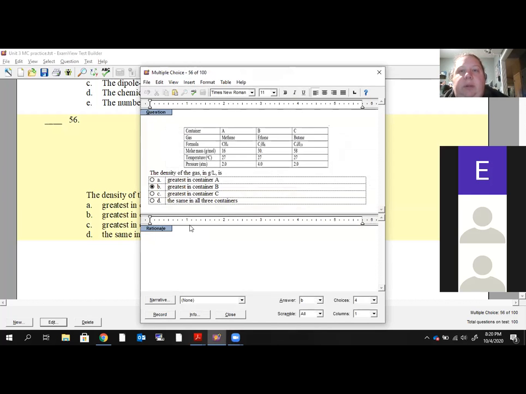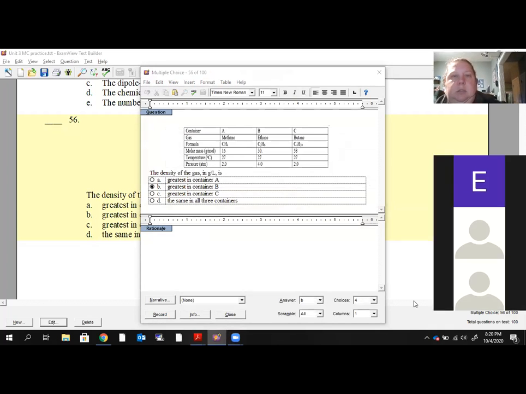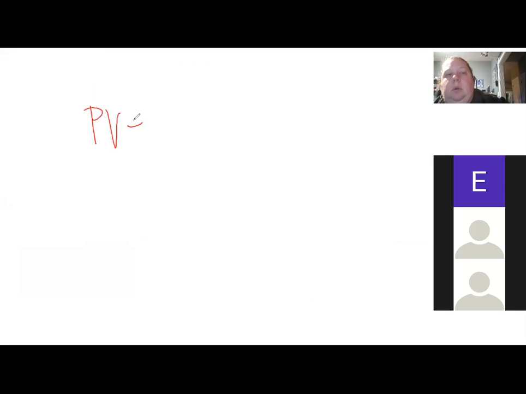So we have to do a quick little thinking about volume. So if we think about the fact that PV equals nRT, they all have the same temperature, so that's not going to affect anything.